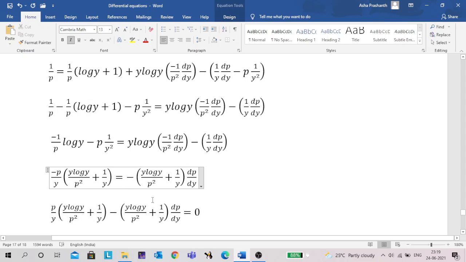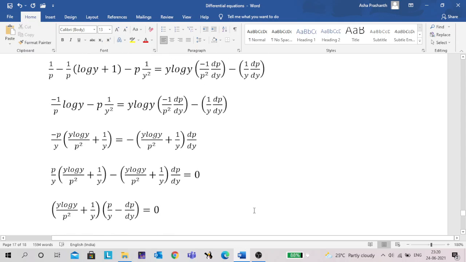This term I am taking to this side. So minus gets cancelled, positive is there. If I take a positive term to this side, it will become negative. Clear? Okay. So then these two terms are common, write it one time.